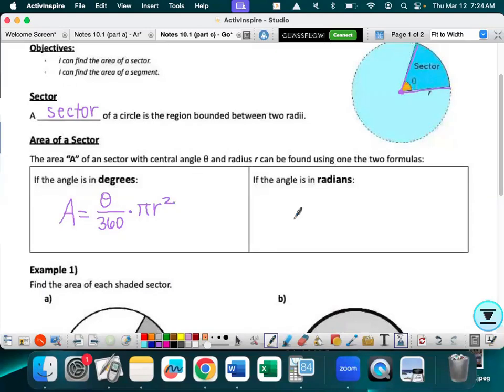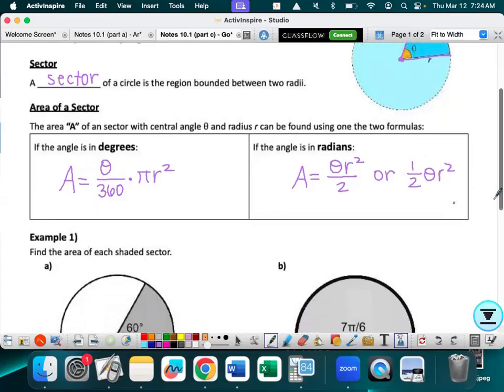If your angle is in radians, your area formula is A equals theta r squared divided by 2. Or if you don't like the idea of having a fraction, you could multiply by 1/2 theta r squared. You don't need to write both formulas down. You could just pick whichever formula you prefer to write for the radian formulas.